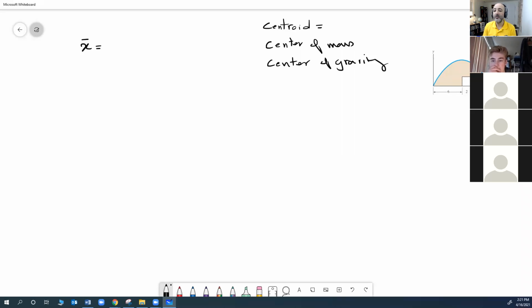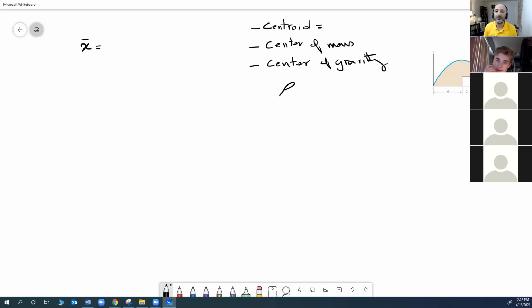Okay, for a body or particle or area which is homogeneous, meaning the density, the rho, is the same all over, all of these could be on the same point, but they could very well all be different.